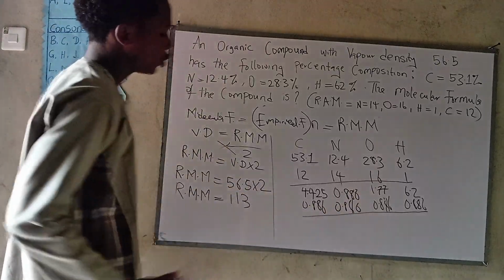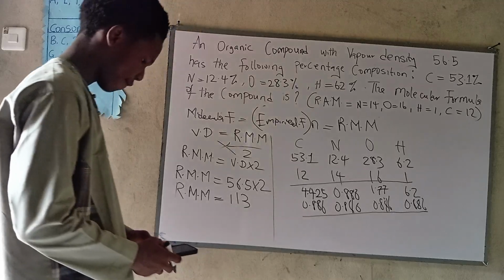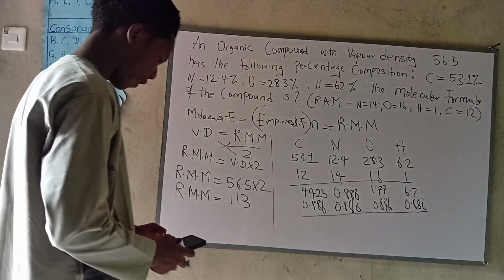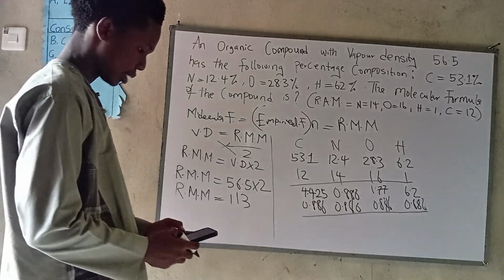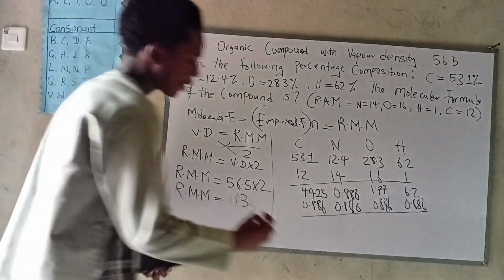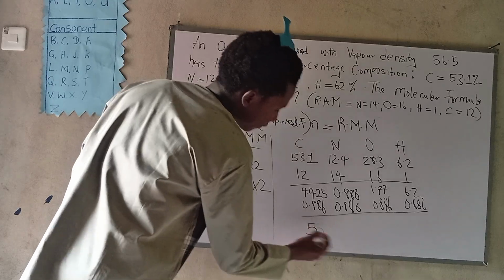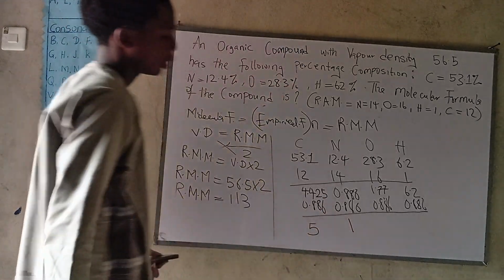Okay, dividing through, what do we have? Then punch your calculator. We have 4.425 divided by 0.886. Okay, we have approximately 5. So write it down, 5. Now, this side you have 1.